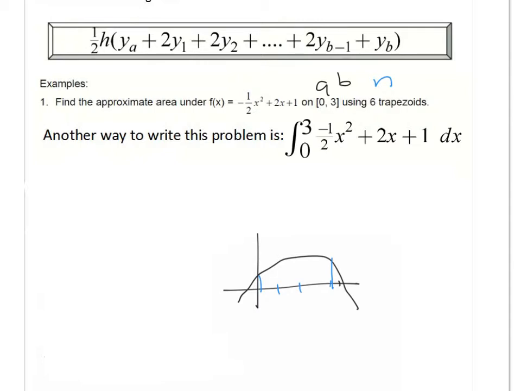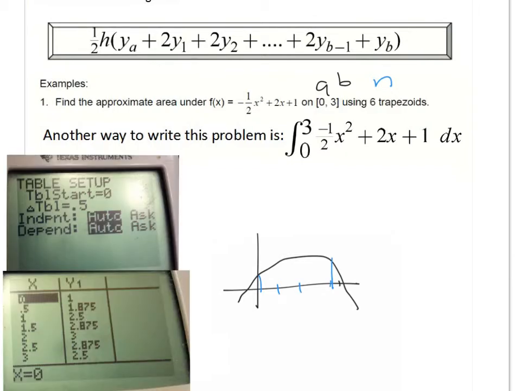Okay, so what I need to do is find all the y values between 0 and 3 every 0.5. So I'm going to go on my calculator and go to my table. You can see I've set up my calculator table.